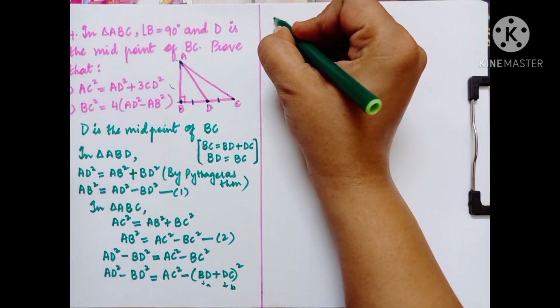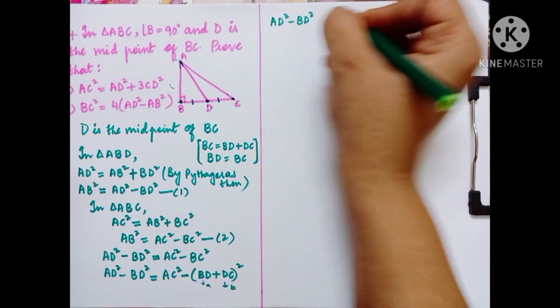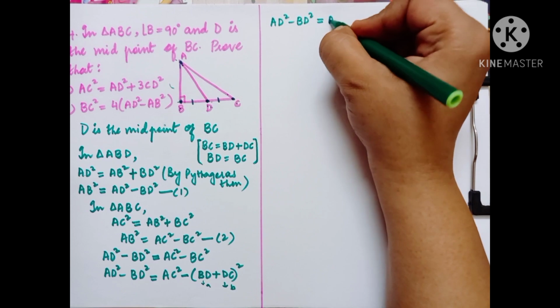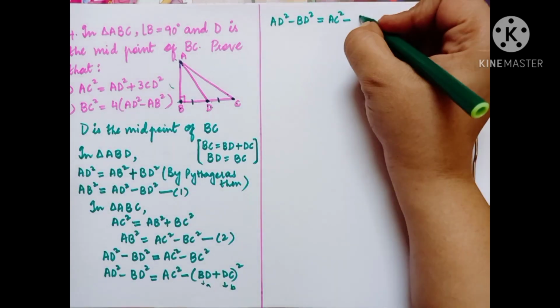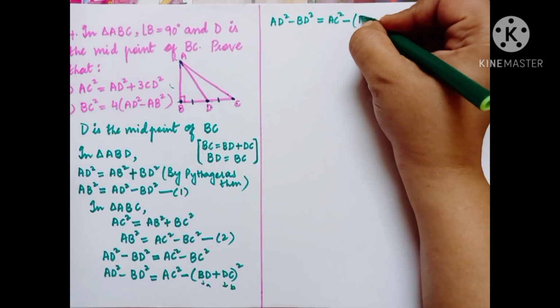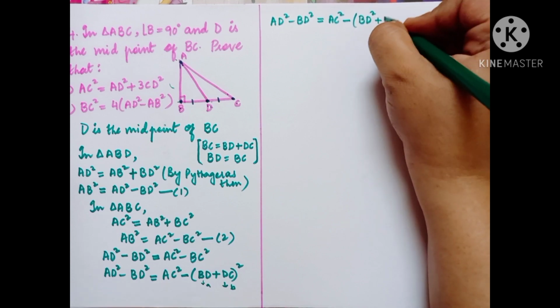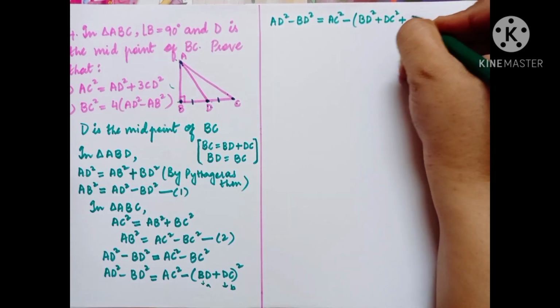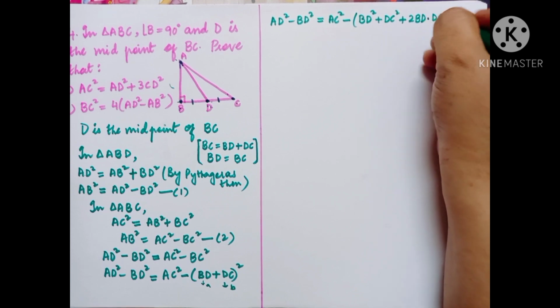So now the left hand side will be the same: AD square minus BD square equals AC square minus this part, let us expand, (BD plus DC) whole square. Keeping the brackets as it is, here you will get BD square plus DC square plus 2 BD into DC.